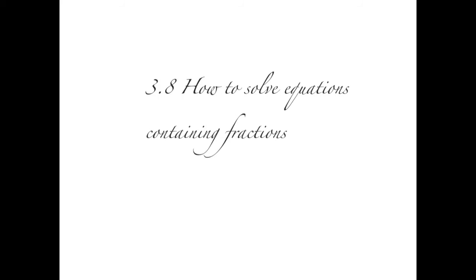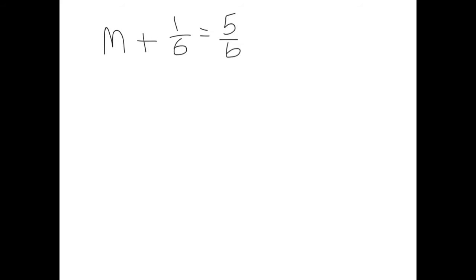3.8. How to solve equations containing fractions. How to add fractions. First, we're going to do m add 1/6 equals 5/6. So we're going to do minus 1/6. And because that equals, no, we don't need that. How to solve equations containing fractions. Now we're going to subtract, since they both have the same denominator.